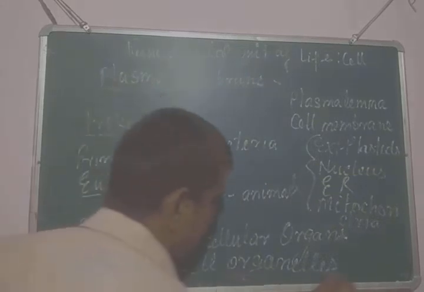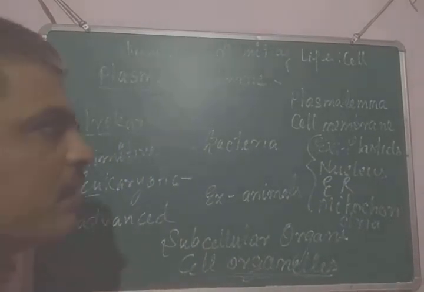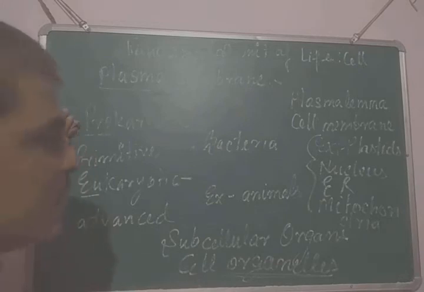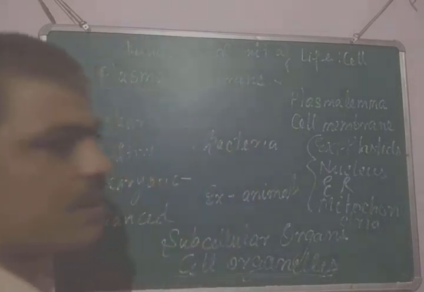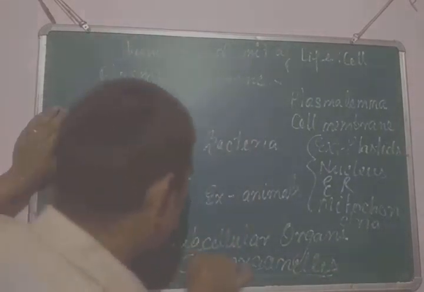These are subcellular organelles that lie inside the cell. So it encloses not only the cell, it encloses the cell organelles also. If it encloses the cell organelles, it is called a subcellular membrane, and if it encloses the cell, then it is called the plasma membrane. It encloses all kinds of cells.